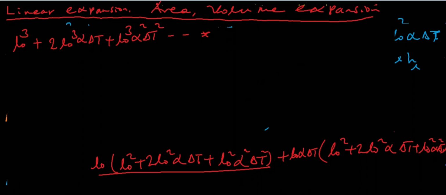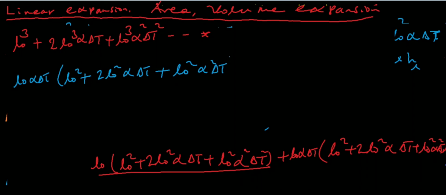And this one, which means L naught alpha change in temperature into L naught square plus 2 L naught square alpha change in temperature plus L naught square alpha square change in temperature square.